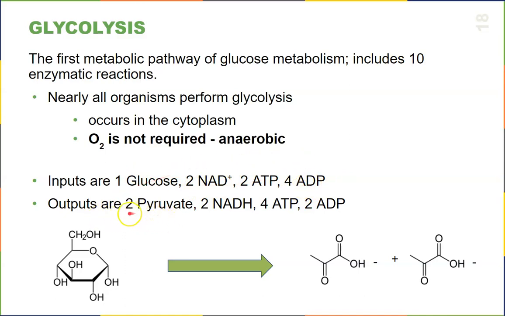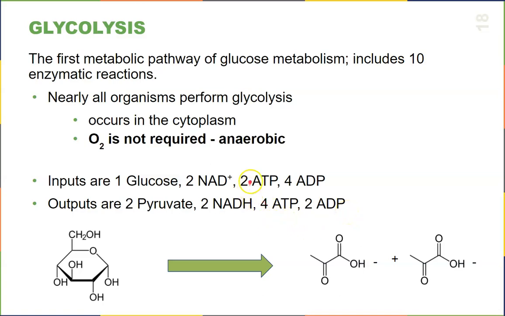The outputs are 2-pyruvate, which is basically glucose cut in half. We also get the reduced form, NADH, so higher energy. We get ATP, and we get some ADP.